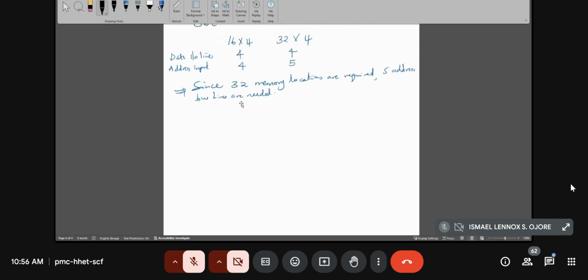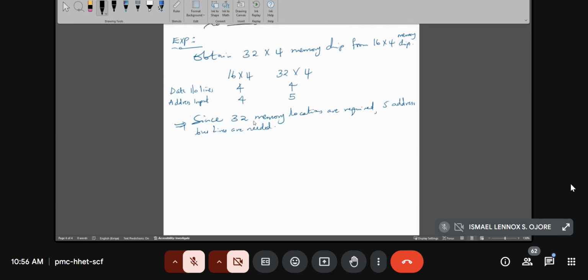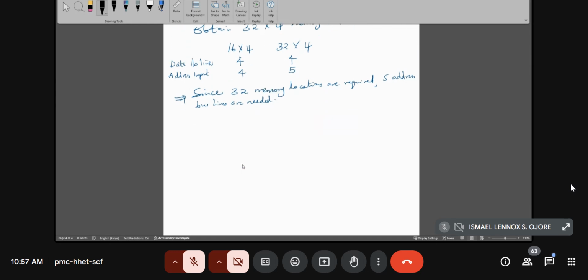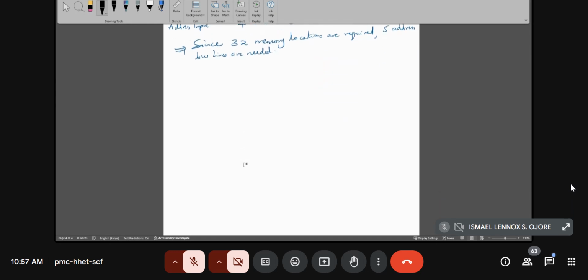If we determined we need 2, what we know is that we need 32 memory locations, and we have a chip with 16 memory locations. So of course, we'll need 2 such chips to achieve that 32 memory locations. So hence 2, that's the reason we need 2. So yes, we can indicate that.